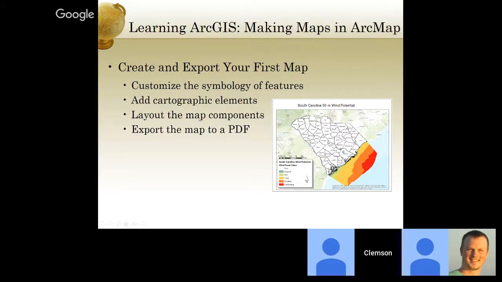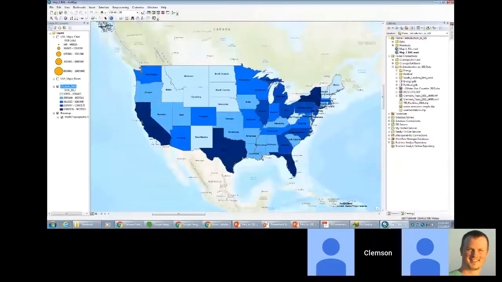Answer your question about labels before you vote. Sure. If you apply labels like this, are you able to, after you apply them, manually move individual labels? Yes, they no longer are labels as such. You convert these labels to what are called annotation, which will save as another data set in the geodatabase.